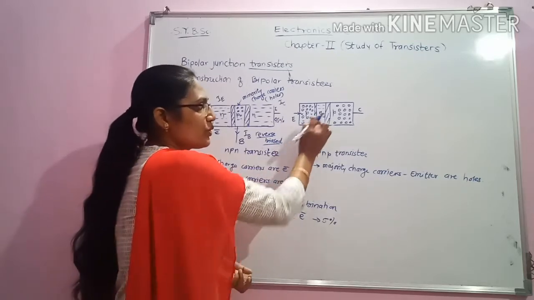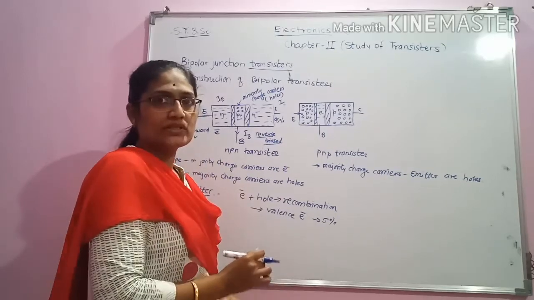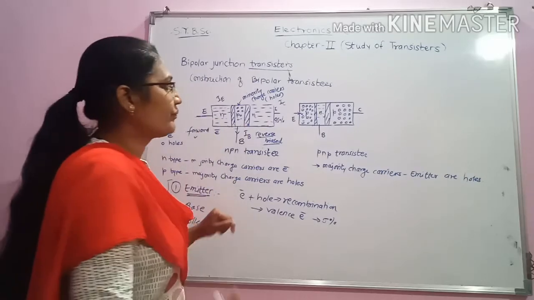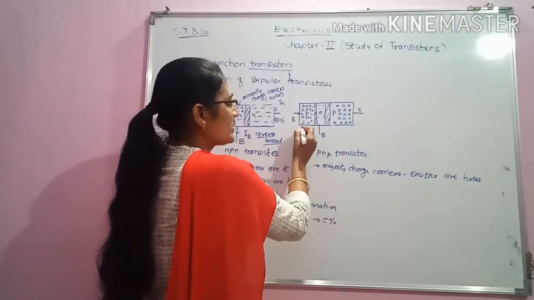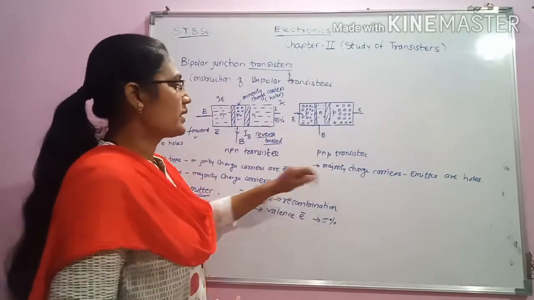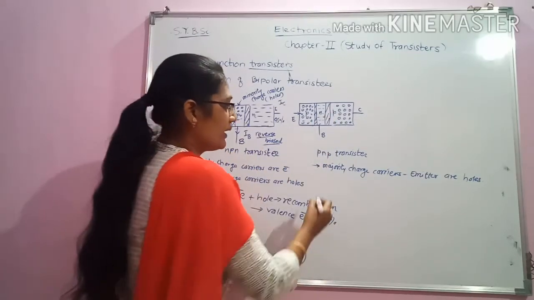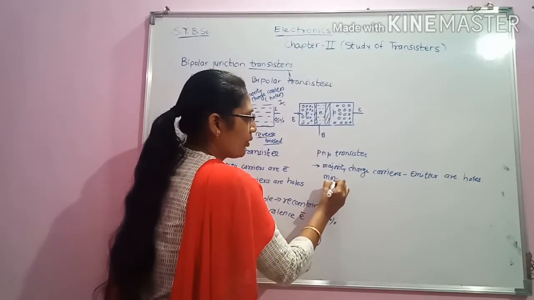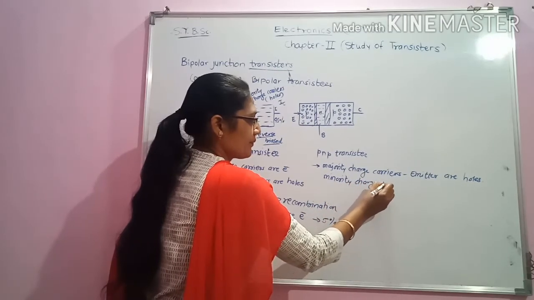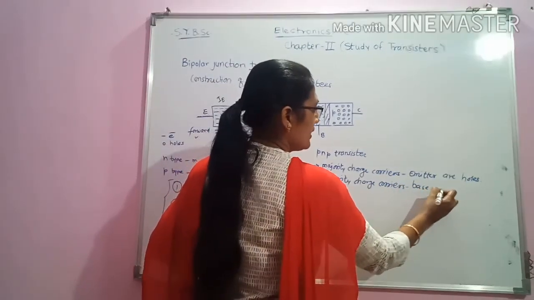Therefore, it will consist of minority charge carriers, and it is light and thin. Here also the base is light and thin. Now, the majority charge carriers are observed in the emitter, and these are holes, and the base is made up of N type material, and they contribute minority charge carriers in the base, and these are electrons.